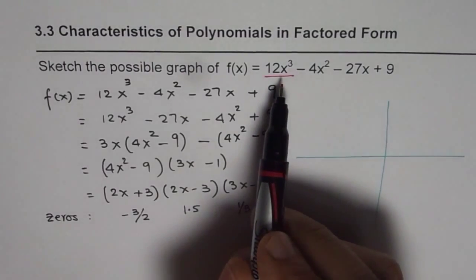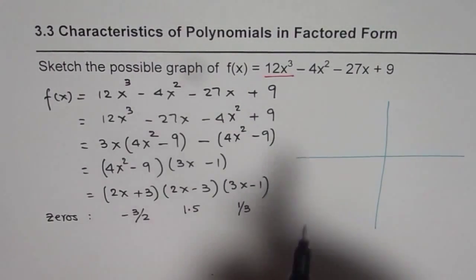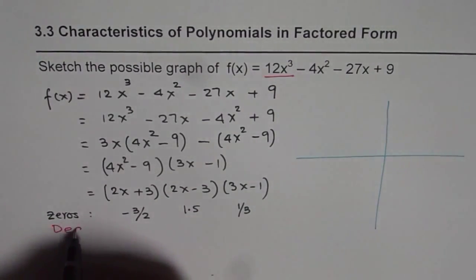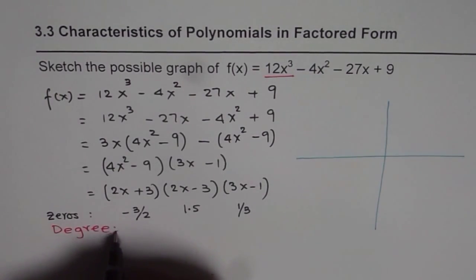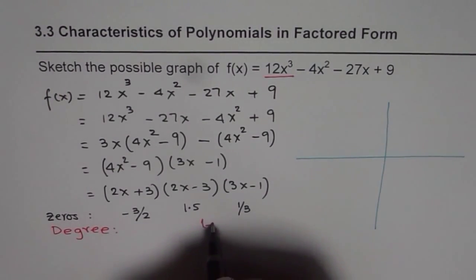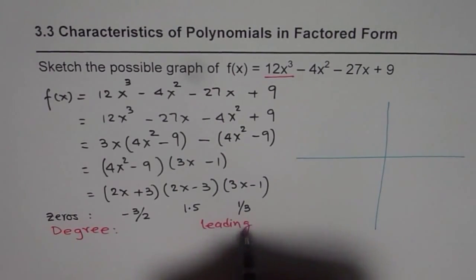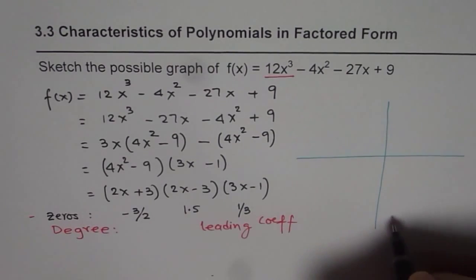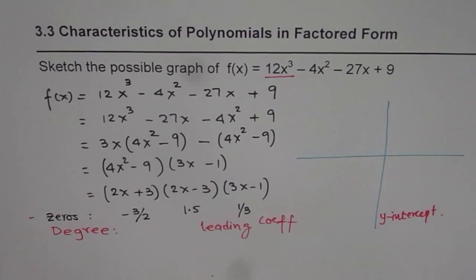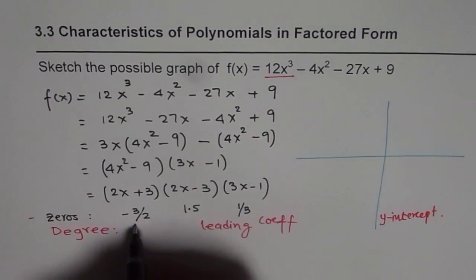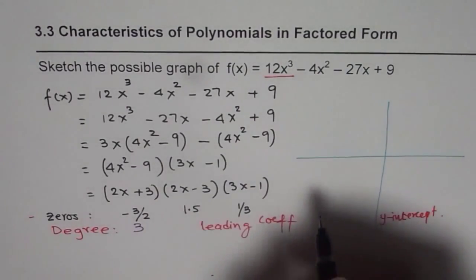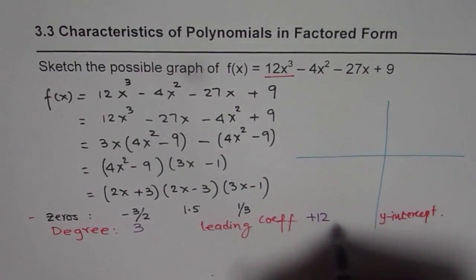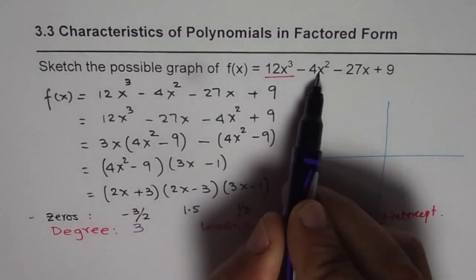First we have to write down the degree, and then the leading coefficient, then comes the zeros, and then we have to get our y-intercept. That should give us a perfect graph. The degree, you know, is 3. The leading coefficient is positive 12, so positive is what matters. The y-intercept is, when you place x as 0, you get 9.